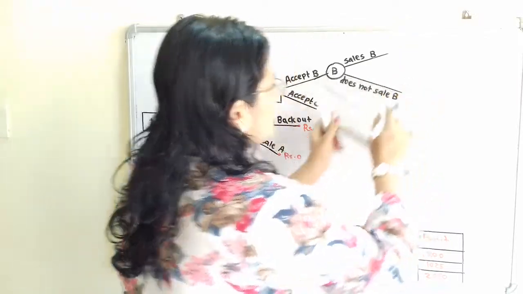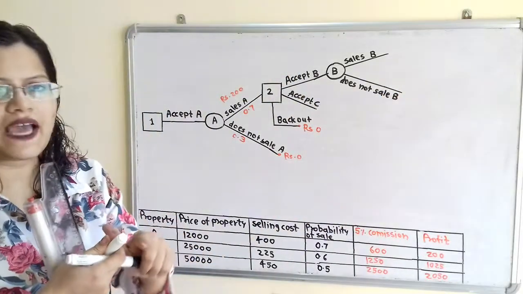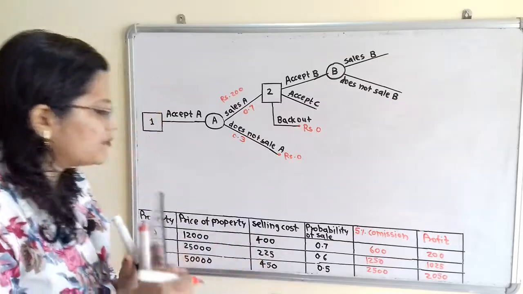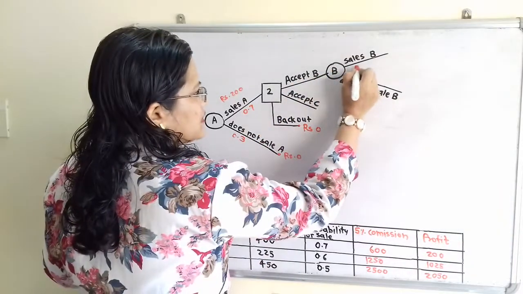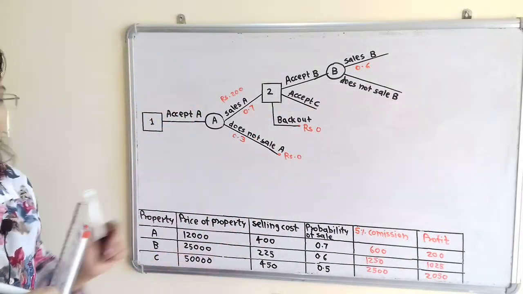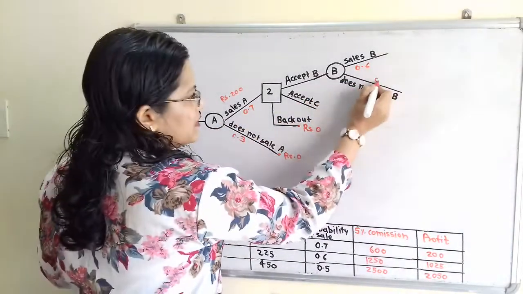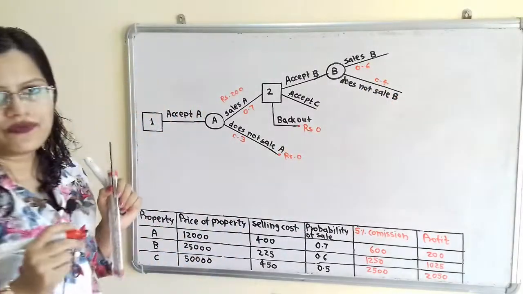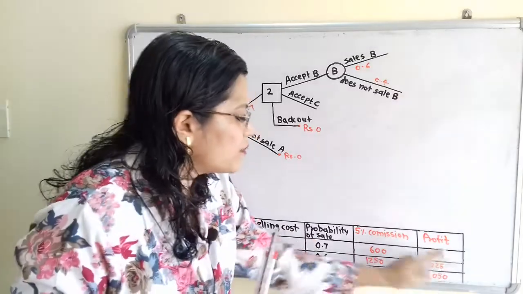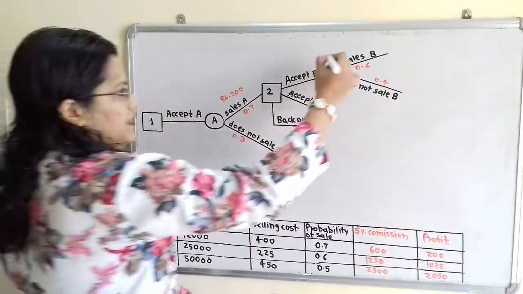Now these are the sub branches. So we know that these sub branches we have to mention with probability. So selling property B with probability 0.6, and if it does not sell the property, then that will be the remaining probability, that is 0.4. Now if he sells the property B, then he will get the profit rupees 1025.